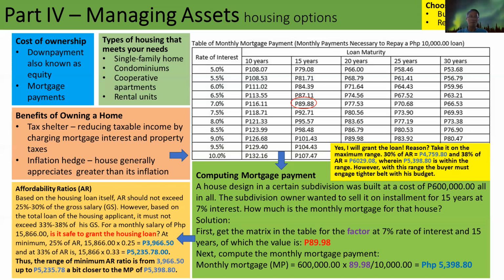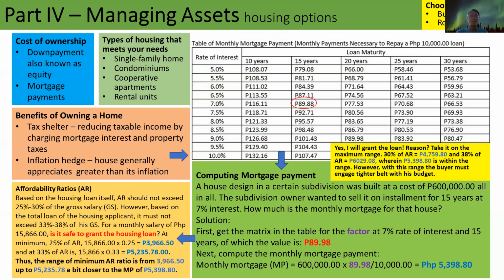So therefore, if I am going to assess as a loan appraiser, no, the applicant is qualified for the housing loan according to the mortgage payment computation and then the affordability ratios. I hope you get it, class.